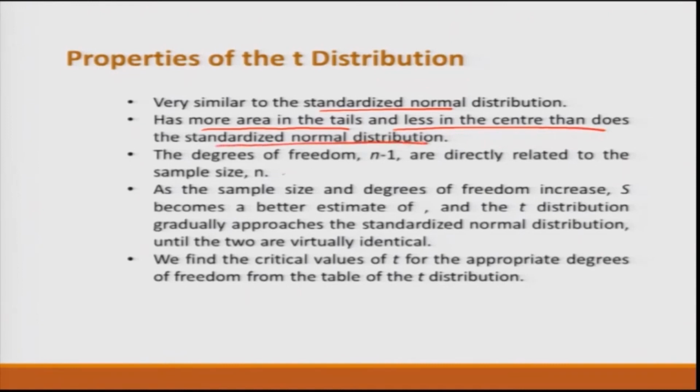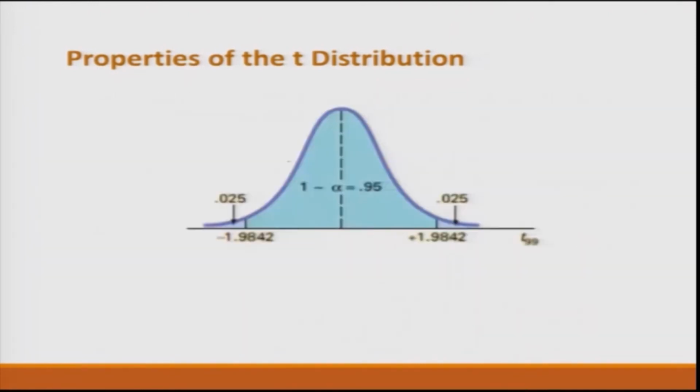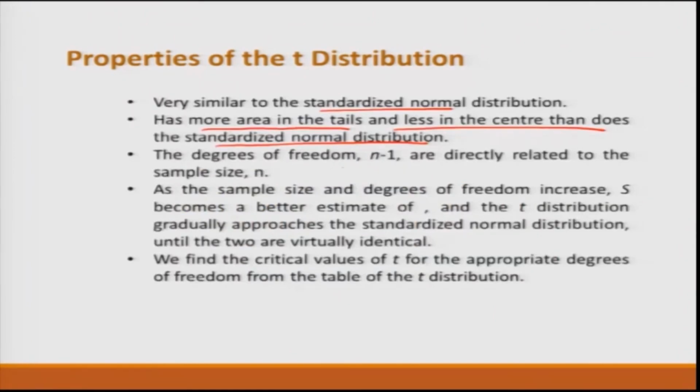We will see the t distribution here. This is the t distribution. These are the values at minus 1.98 and 1.98, where we have 2.5% area on the left hand side and 2.5% of area on the right hand side. So, the confidence interval here is 95%. The degrees of freedom n minus 1 are directly related to the sample size n.